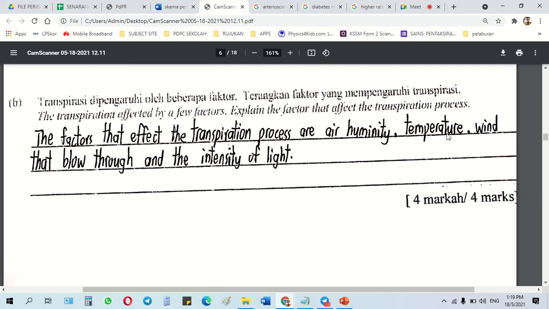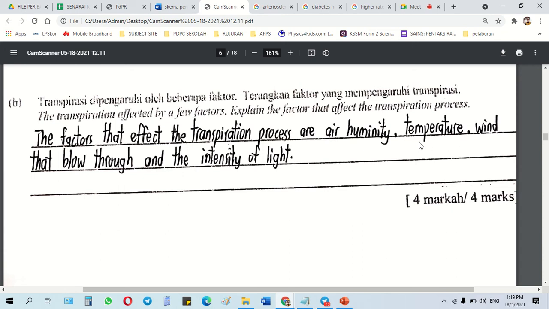So actually kalau you bagi tahu the air humidity, okay, so the rate of transpiration is higher if the air humidity is lower. Okay, so kena bagi tahu kaitan macam tu lah. Rate of transpiration tu tadi higher because of apa?